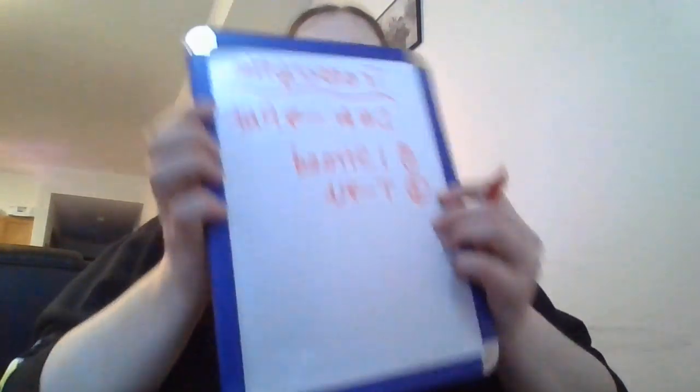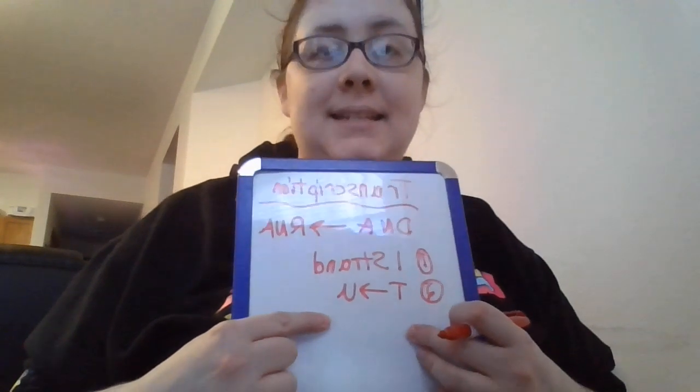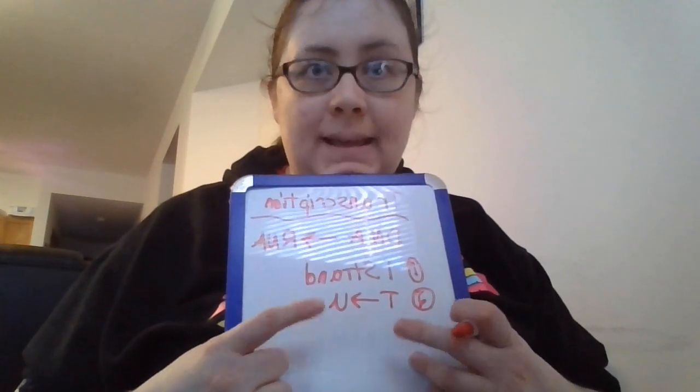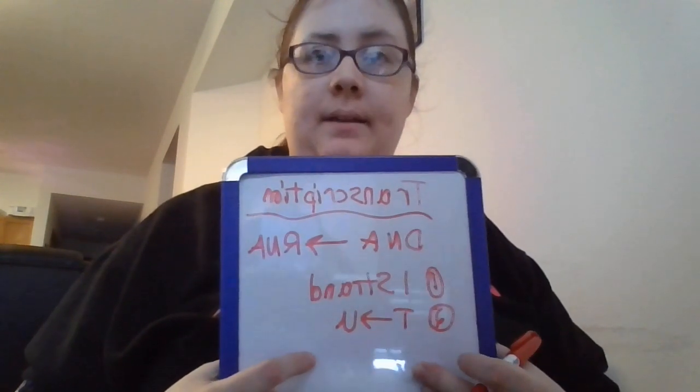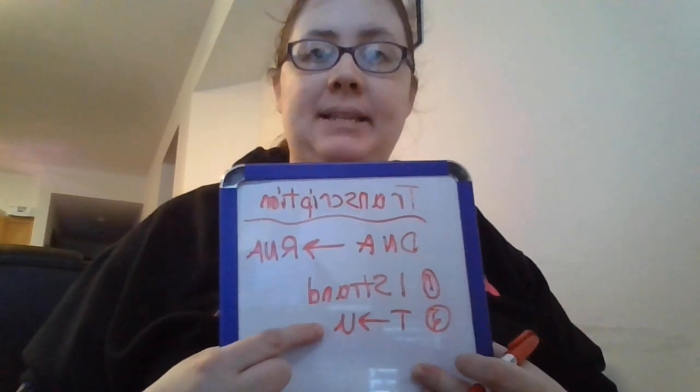So it only copies one side at a time. The other reason is that the T base, or thymine, is not in RNA. Instead, we have a base called uracil.